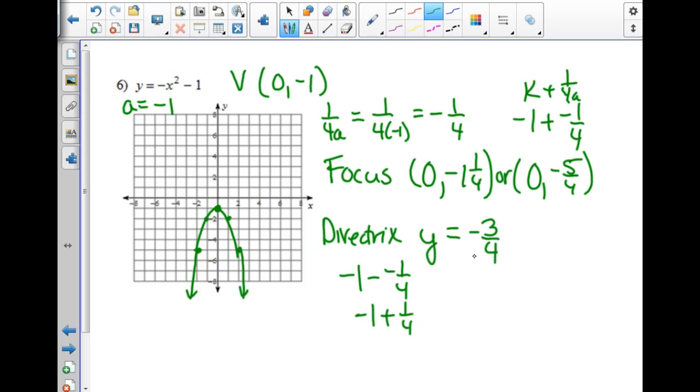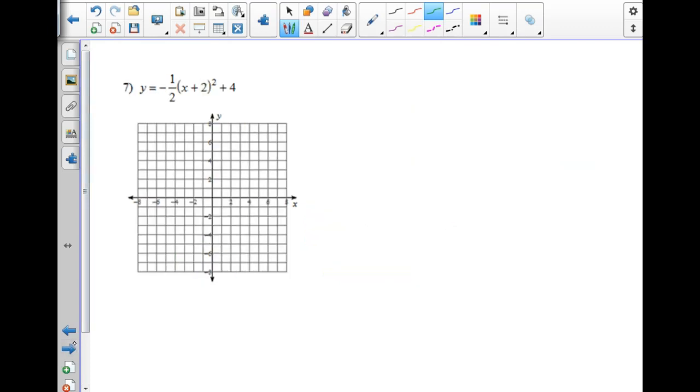That's not the same thing. The only reason people mess this up at all is they start thinking that k plus 1 over 4a means 1/4 times a, when it does not. You put the whole a value down here no matter what it is, fraction or not, okay?